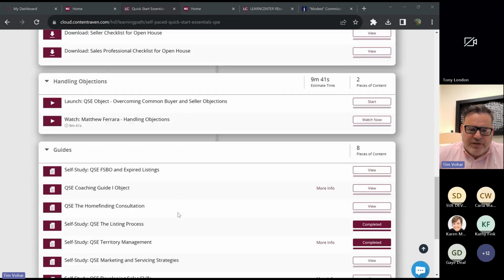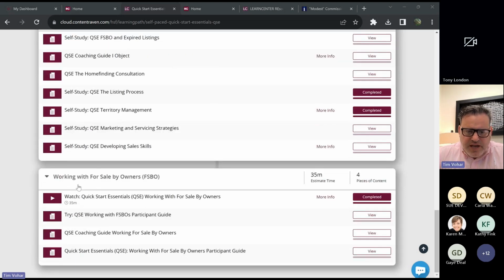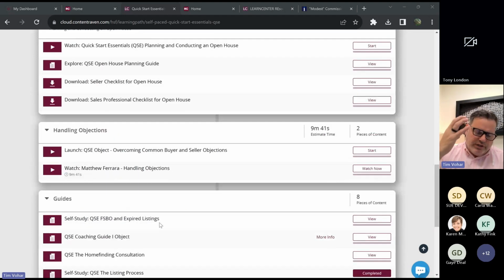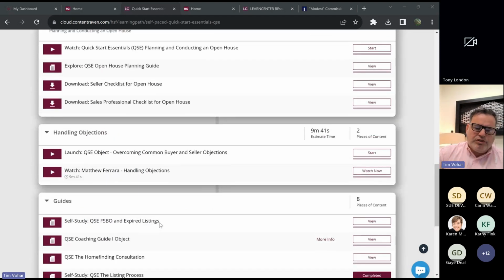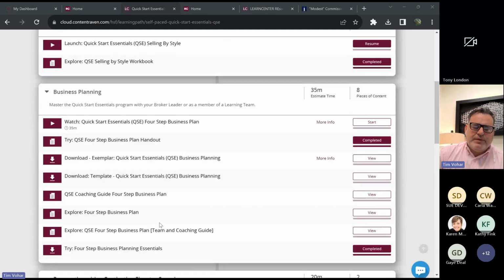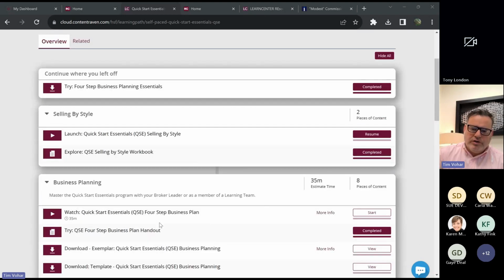Part of the for sale by owner dialogues and scripts has to do with commissions, and that's where we're at now. So that's just taking what is in your base and tweaking the verbiage. If you start with this Quick Start, you will create a foundation to work through any objections people have based on the commissions that are coming forward.